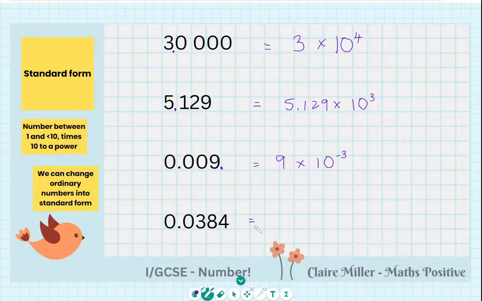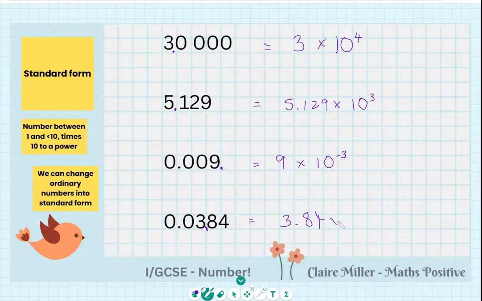And what about this one? This one might be a little bit trickier for some of you. So the decimal point always really needs to go after one non-zero digit, you could say. So it would end up having to go here in order for it to be a number between 1 and less than 10. Hopefully this is all making sense, and there are some practice questions that you can do at the end. So we're going to end up with 3.84.